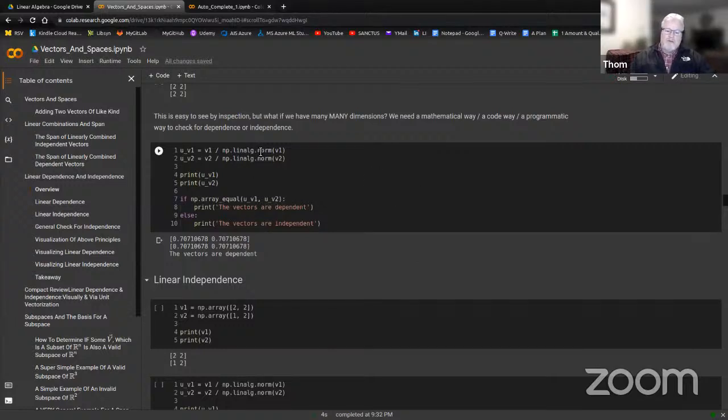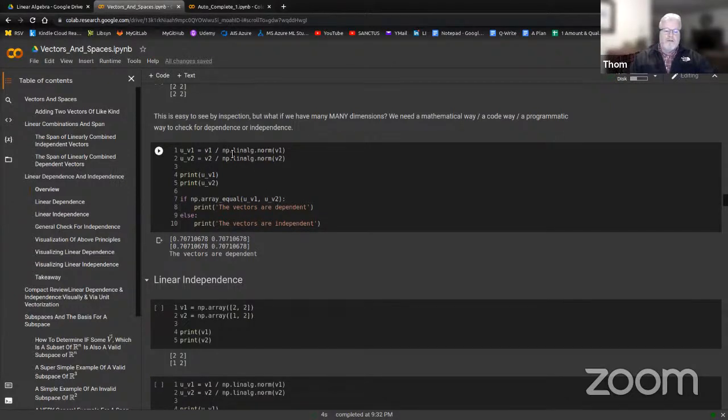But how did we do that? We took the norm, that's the Euclidean norm, or if you're looking at a triangle and you're looking at the 2 legs of a right triangle, that would be the hypotenuse. So we're just talking about the norm, but you can get the norm in more dimensions than 2, or we wouldn't necessarily call it the hypotenuse then, but I hope you follow my meaning.